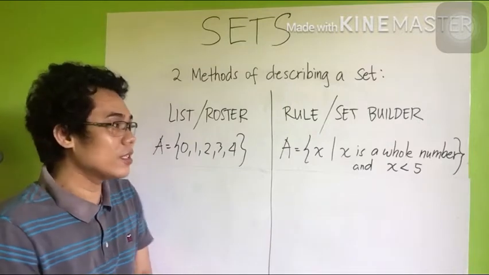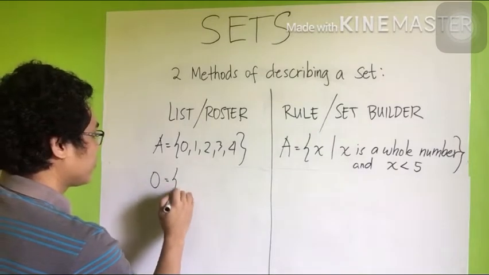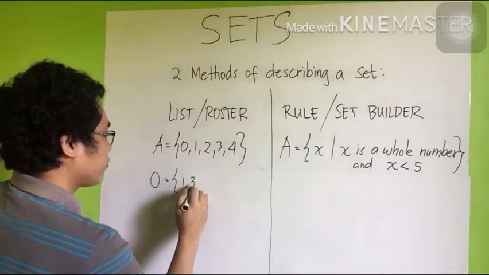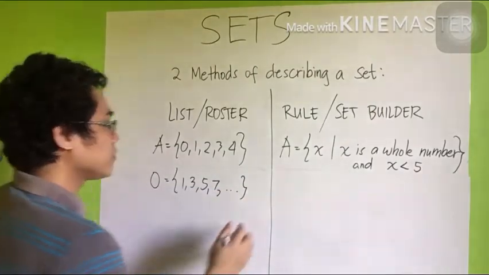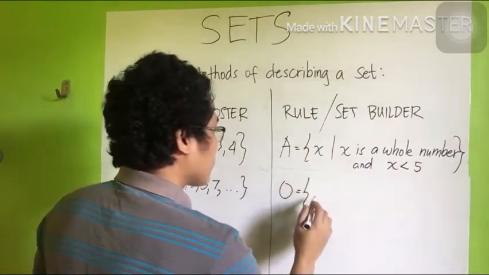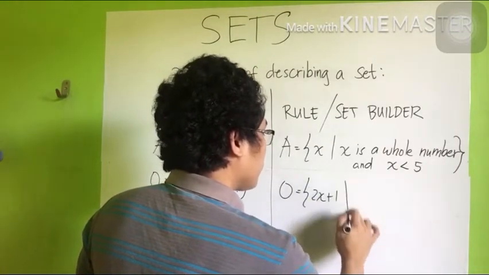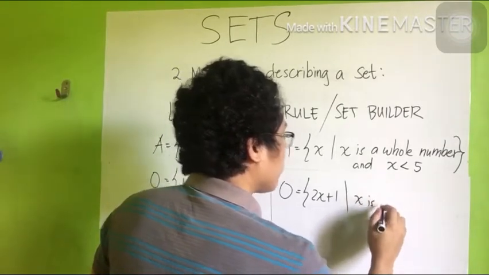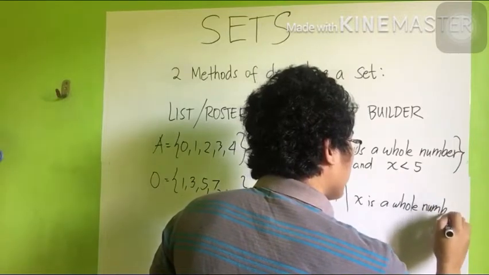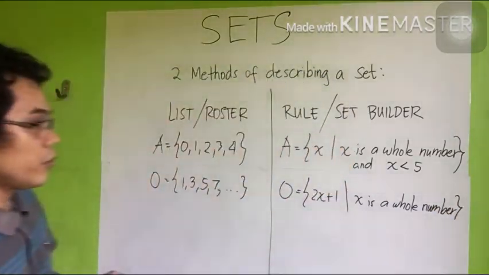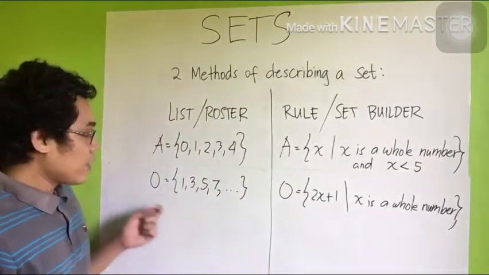So let us consider an example. So we have here the set of odd numbers.